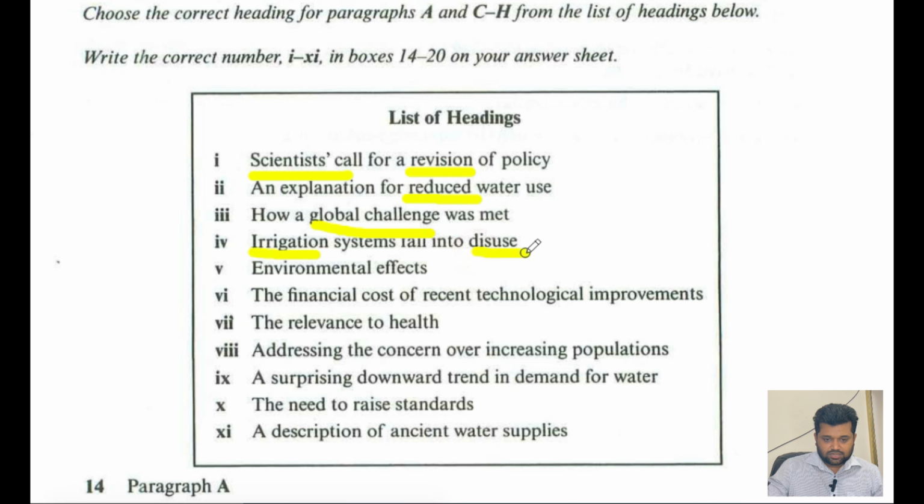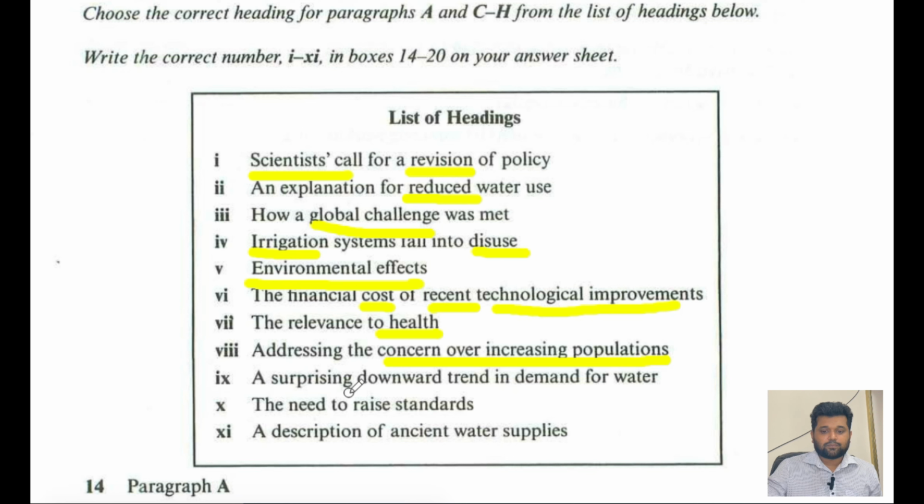The financial cost of recent technological improvements, so here we can write the cost and the technological improvements. Also you can underline recent. The relevance to health, so here we can underline the health. Then addressing the concern over increasing populations, so here we can underline the concern over increasing populations.